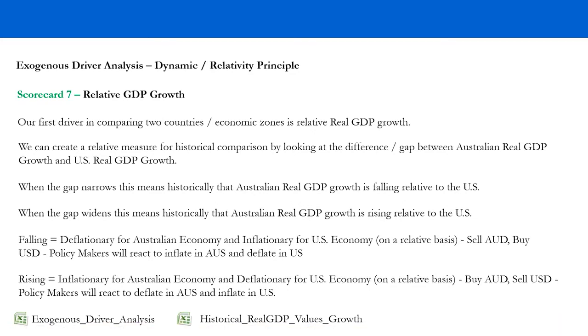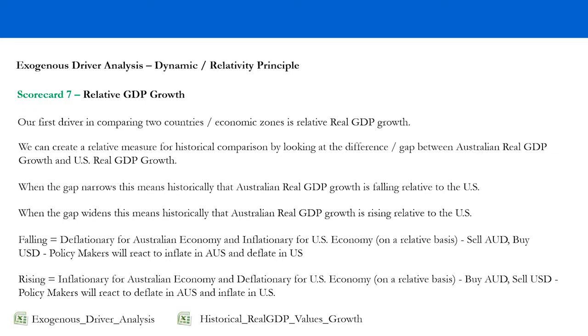So our bias is to sell the Aussie dollar and buy the US dollar, because policymakers will react to inflate in Australia and deflate in the United States on a relative basis. When the gap is rising, this is inflationary for the Australian economy and deflationary for the United States on a relative basis.